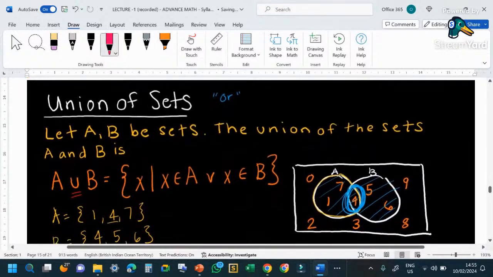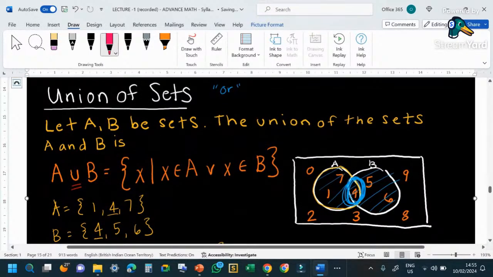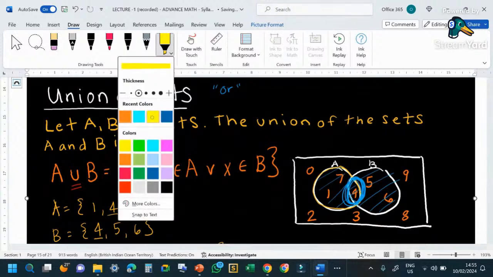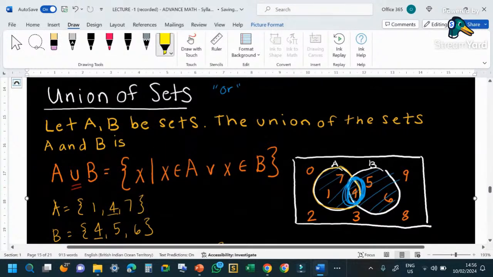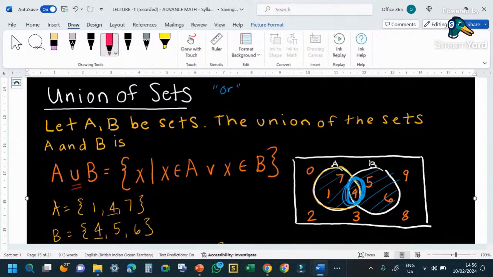Right, let's go to union of sets. So it says here, let A, B be sets. So there are two sets here. The union of the sets A and B is, this is the notation, A union B is equal to all x's such that x is an element of A or x is an element of B. This V here is an or.